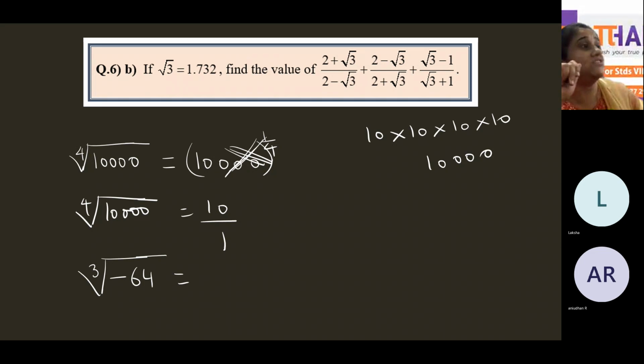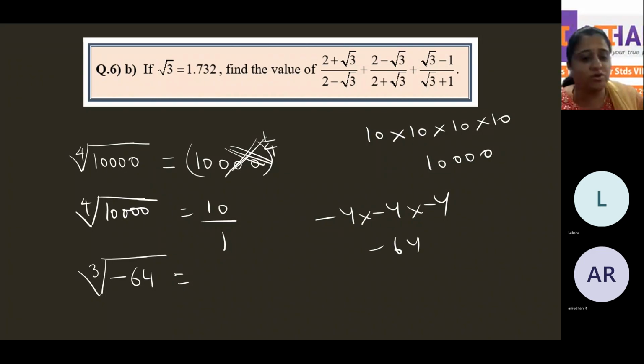Minus 4 multiplied with itself 3 times. So the cube root of minus 64 is minus 4. Minus 4 is minus 4 by 1. Integer by integer. Minus 4 is an integer, 1 is an integer. Rational number. All right.